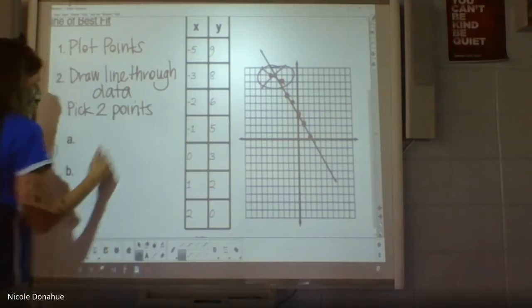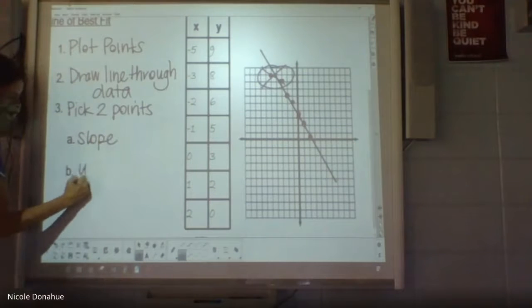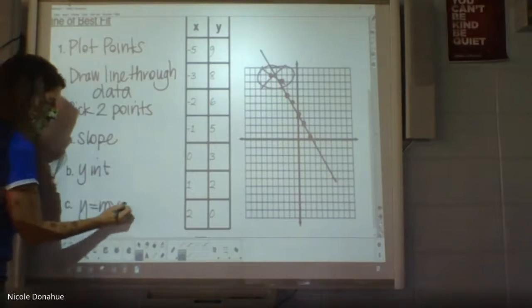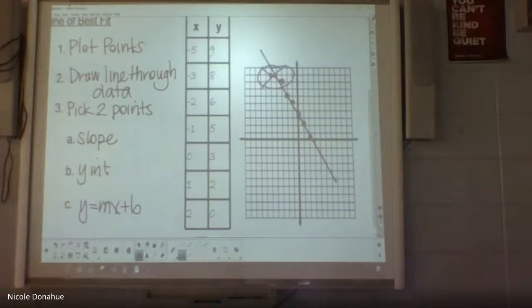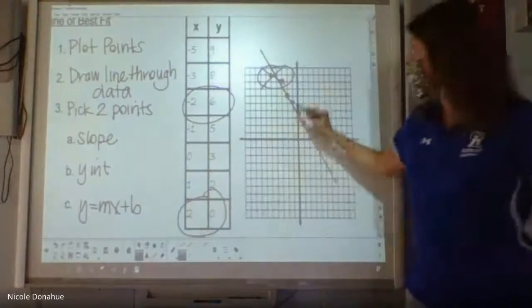Pick 2 points, and we're going to figure out the slope, the y-intercept, and then our y equals mx plus b. So how about the third point and the last point? Do those look good? So it'd be this one and this one.